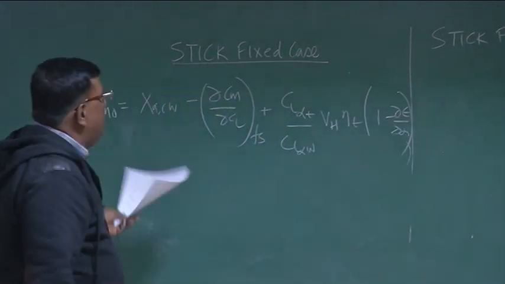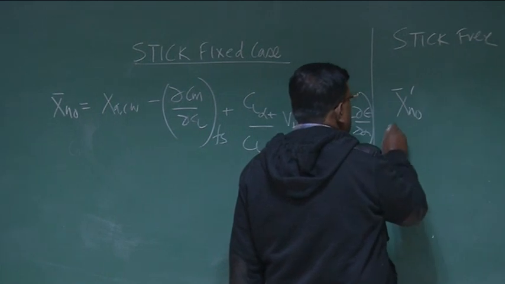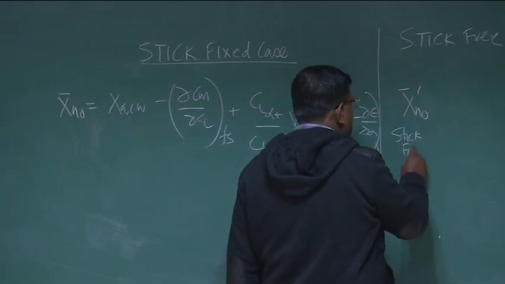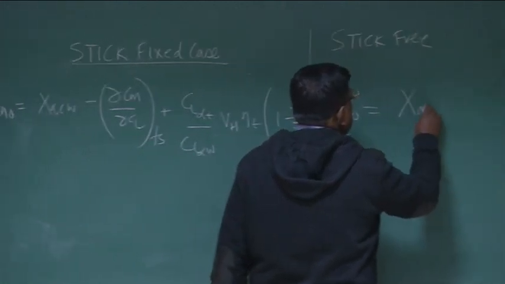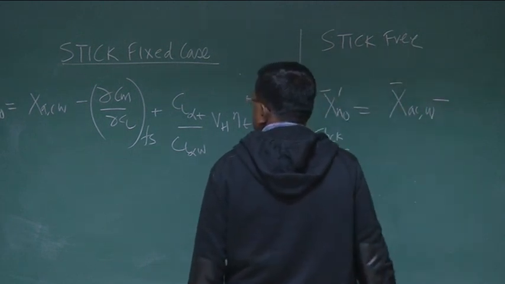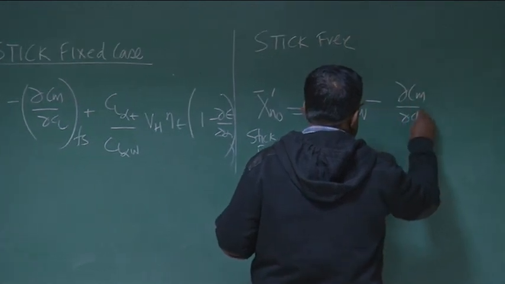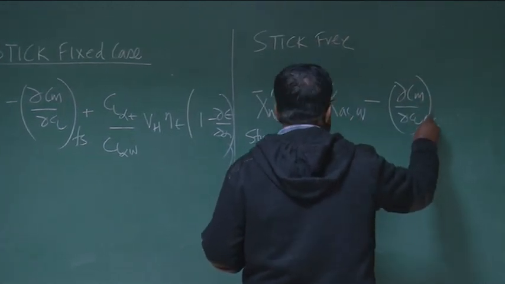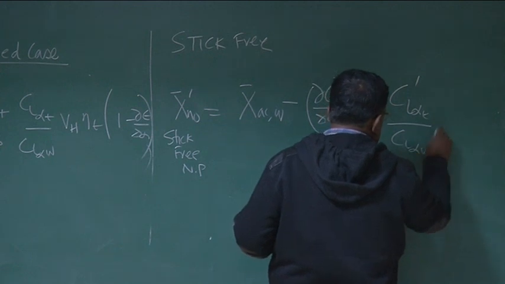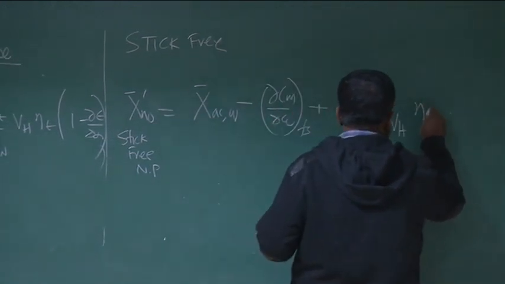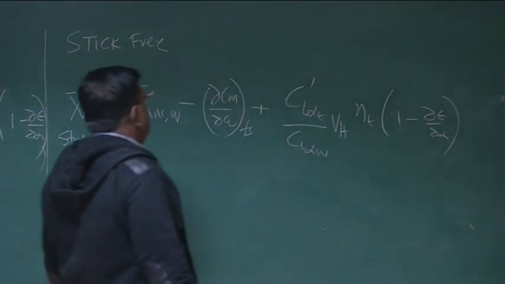So for the stick free neutral point XNO prime, this will again be XAC wing minus dCm/dCL fuselage plus now CL prime alpha T by CL alpha wing VH eta T (1 minus d epsilon by d alpha). Is it clear?